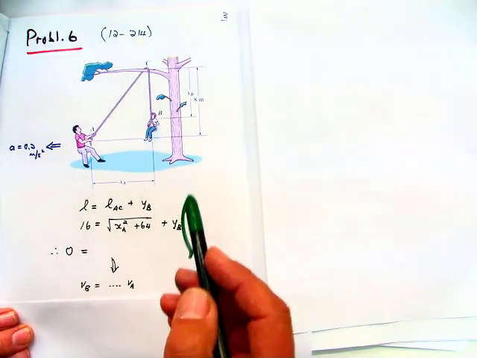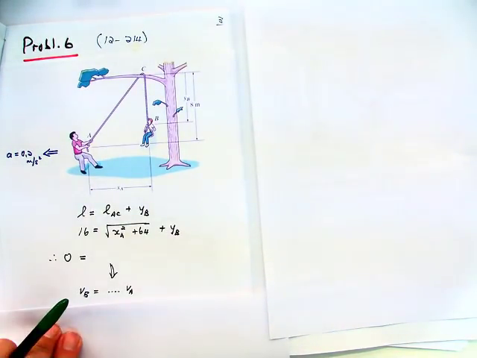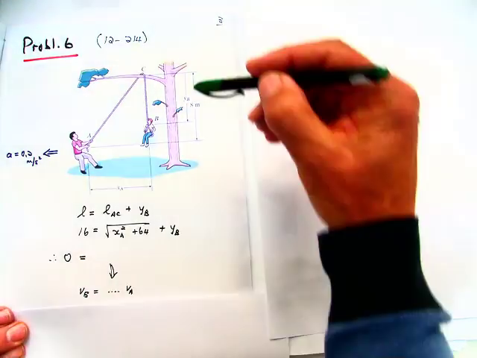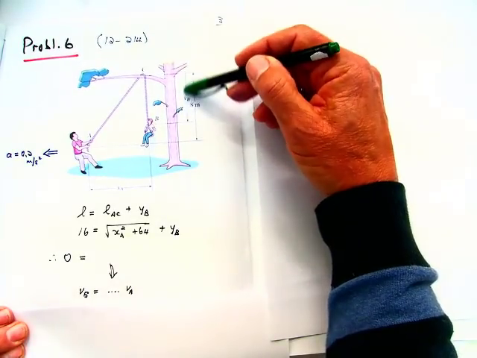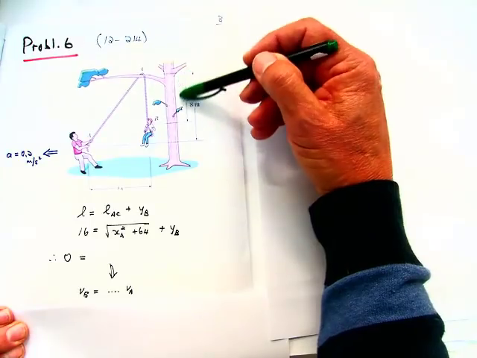And they want to know eventually, what do they want to know? They want to know, determine the speed of the boy at the instant when YB is 4. When this is 4. So this one is moving up. When that distance is 4.